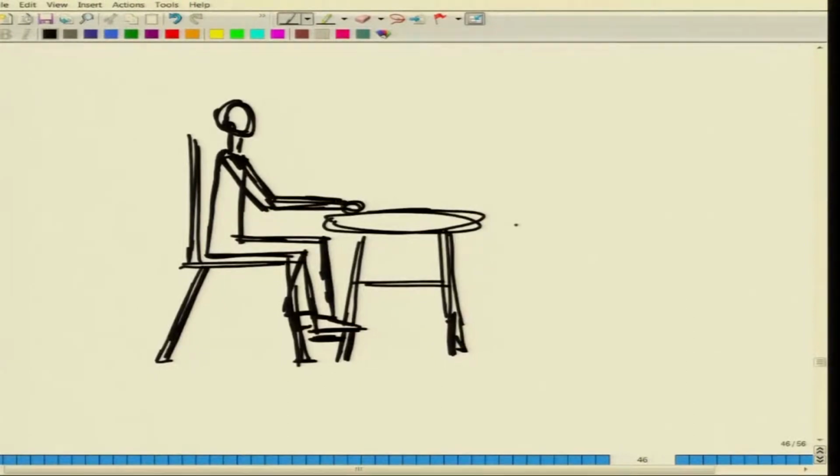You have another figure that is standing, with less movement.